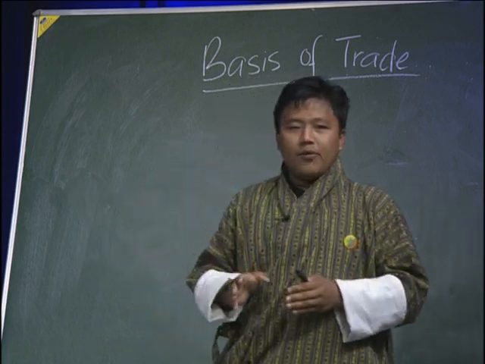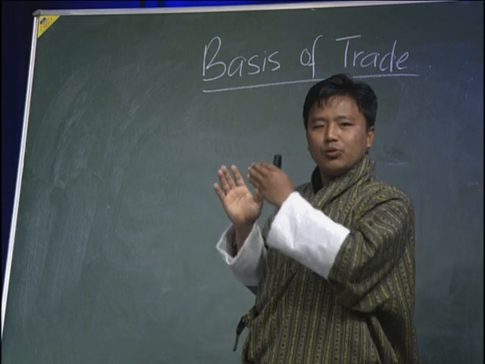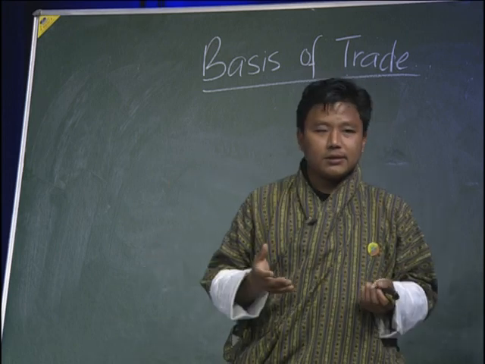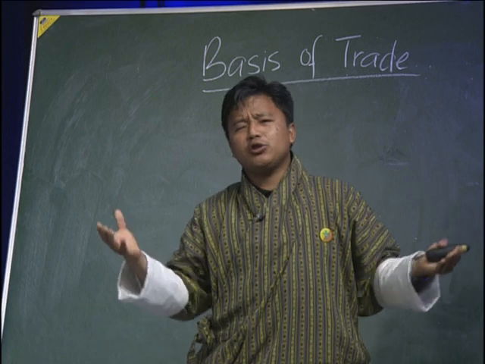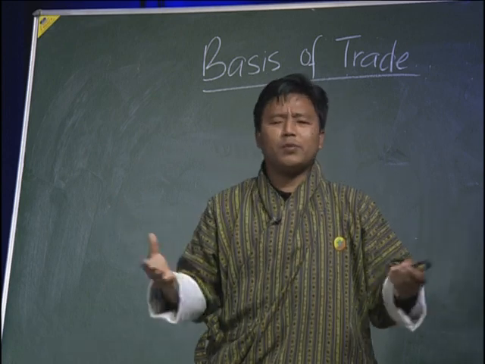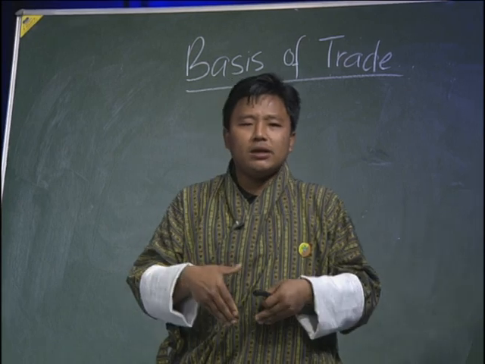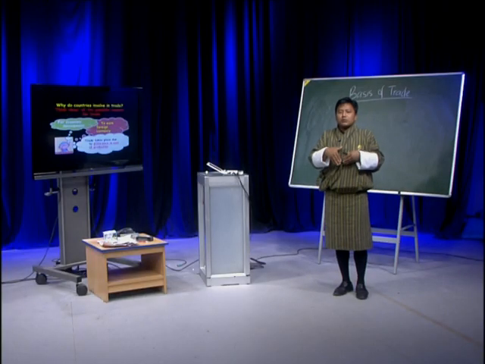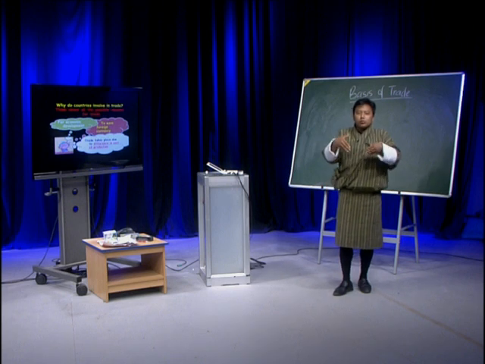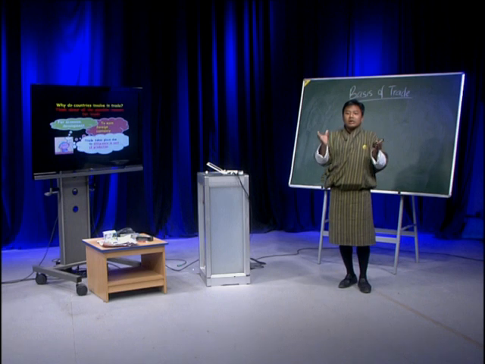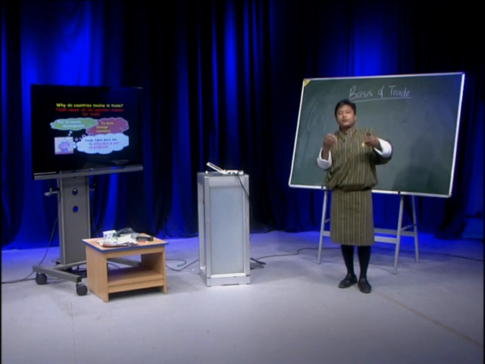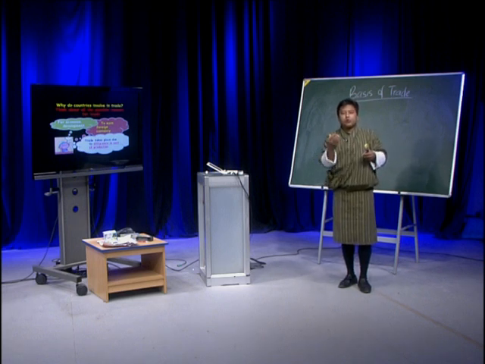Now let us further explore the last reason. All kinds of trade, in which people are involved and also countries are involved, take place due to the differences in the cost of production.